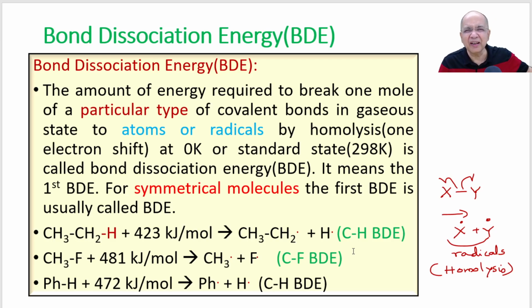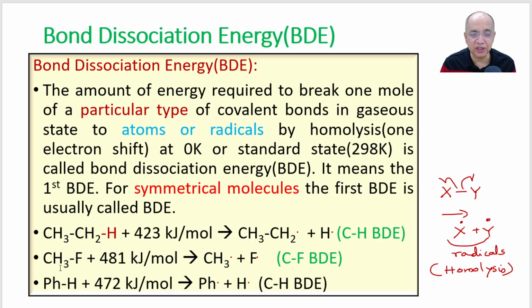And when you take so many values and take an average, then yes, CH single bond energy is 410 or 415 or something like that. But the first BDE is really called the BDE. Similarly, in CH3F, there is only one carbon-fluorine bond, and to break that, to form a fluorine atom and a methyl radical, both of them having unpaired electrons, this much energy is required.